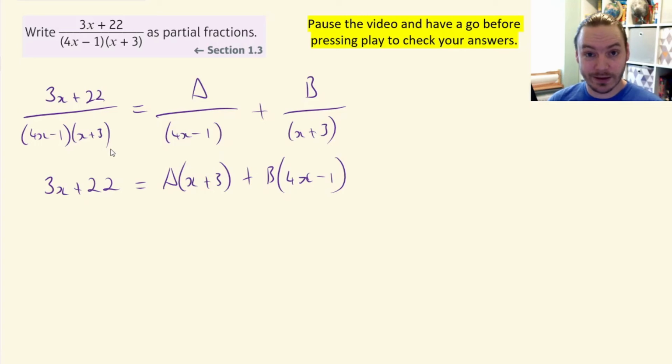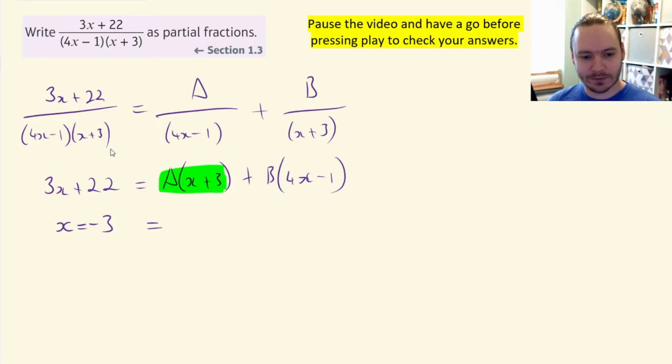And now I need to find A and B, and we do that by choosing a sensible substitution for x. So if I pick x equals negative 3, that's convenient because it makes this bracket worth 0, so this whole term is worth 0.